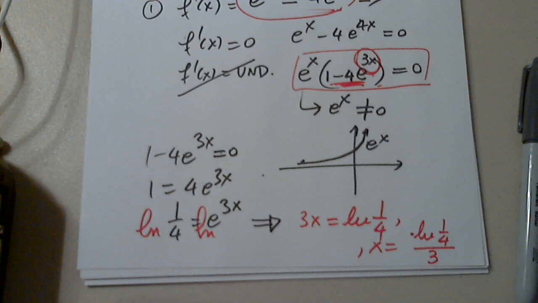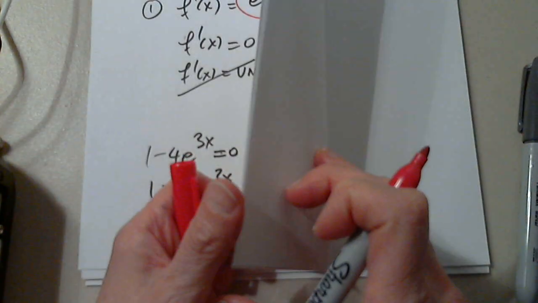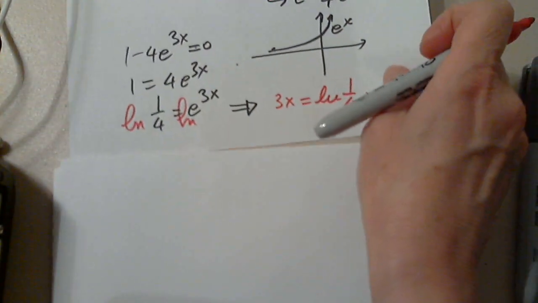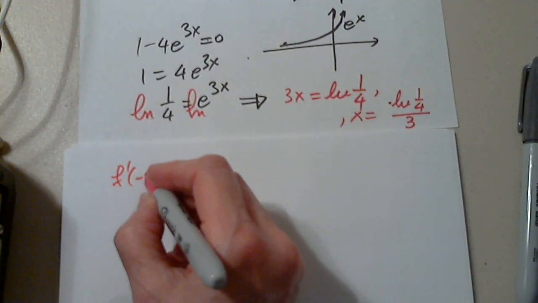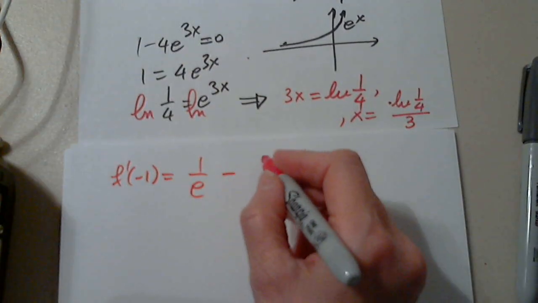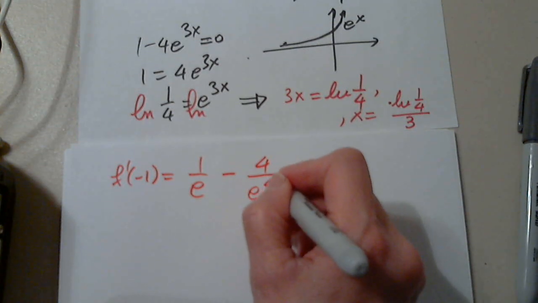Why am I getting a negative number here? So f prime of negative 1 is 1 over e minus 4 over e to 4.